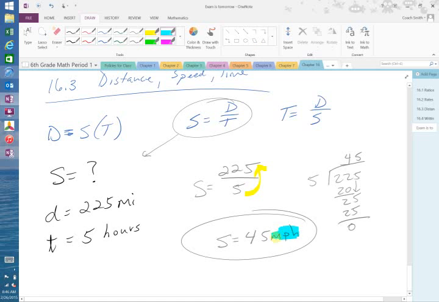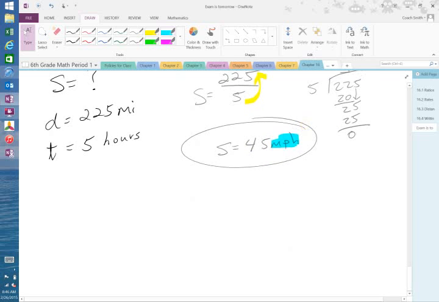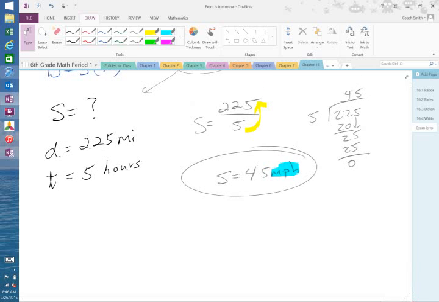Must have the label, and it must be correct. Yes, Brandon. When you say miles per hour, can you do M/H? Yeah, you can, but the acceptable one is MPH. But yes, you could do M/H.